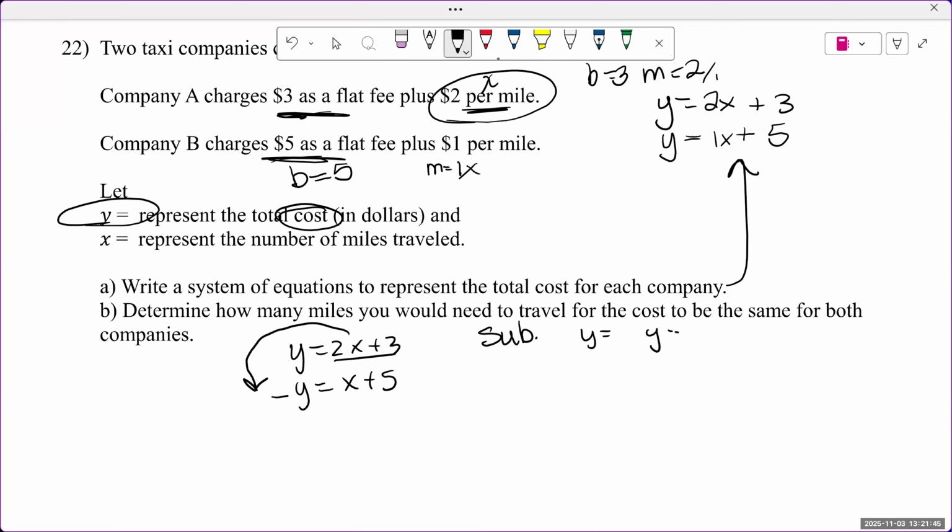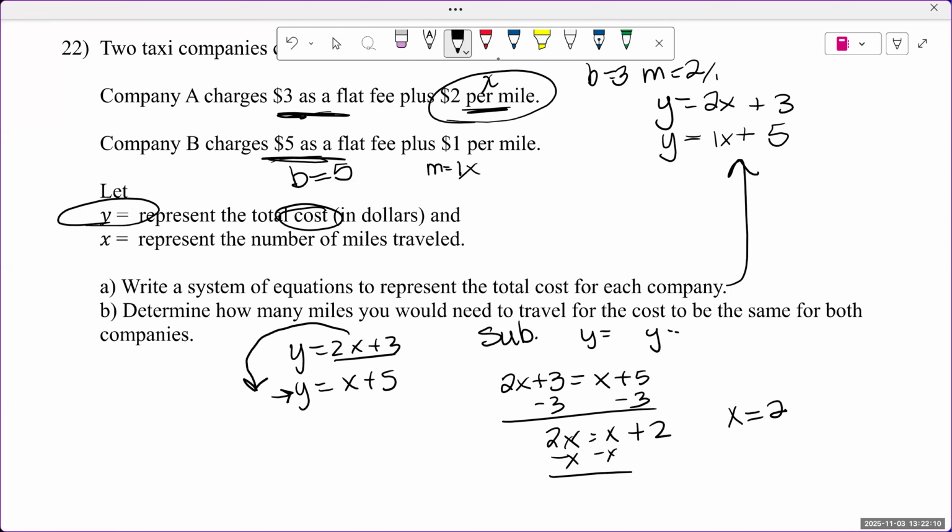Take 2x plus 3 and plug it in right there. So 2x plus 3 equals x plus 5. Isolate your variables, subtract 3, subtract x. x is equal to 2.